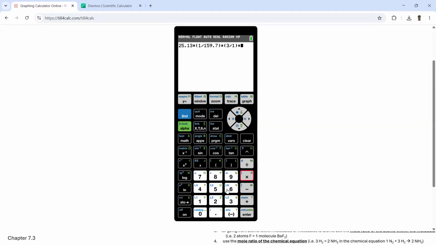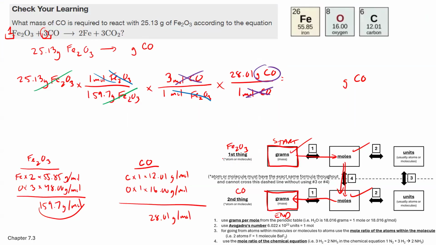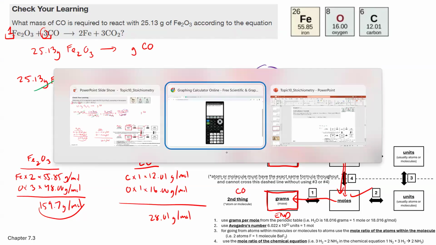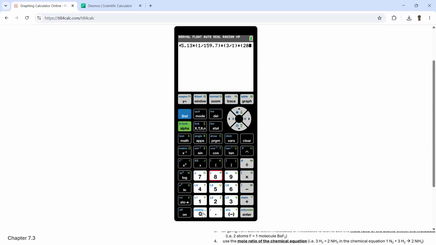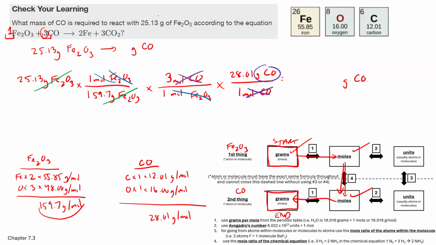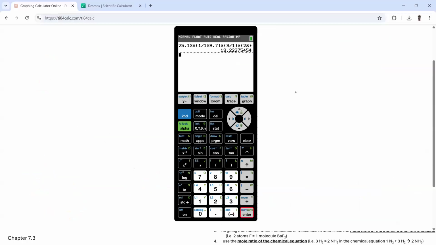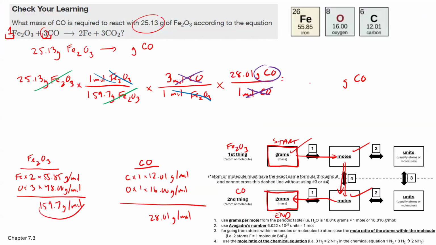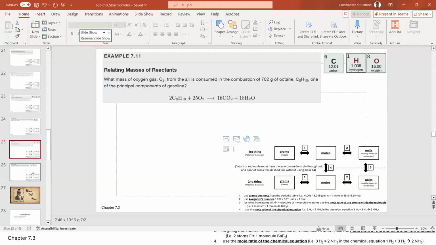But at this point, I'm not sure what you know and don't know. If you don't know, keep them in. Then 28.01 divided by 1, close parentheses, enter. 13.222. So we need 4 sig figs. So we need 13.22 grams of carbon monoxide.